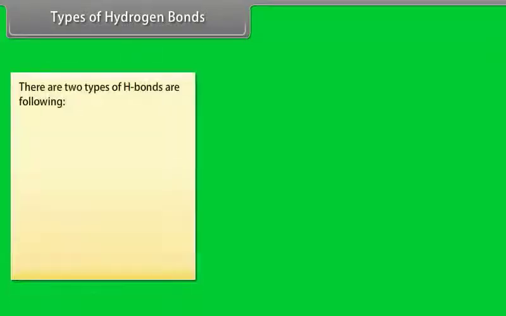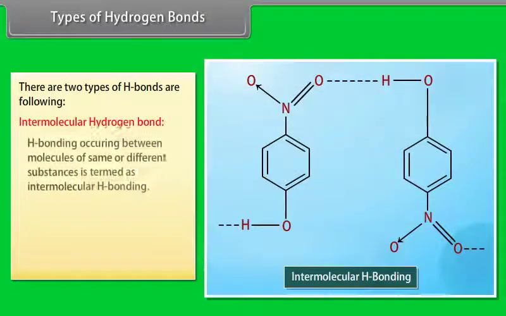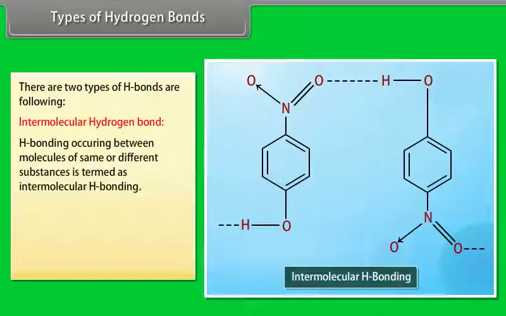Types of hydrogen bonds. There are two types of hydrogen bonds. Intermolecular hydrogen bond: hydrogen bonding occurring between molecules of the same or different substances is termed intermolecular hydrogen bonding.